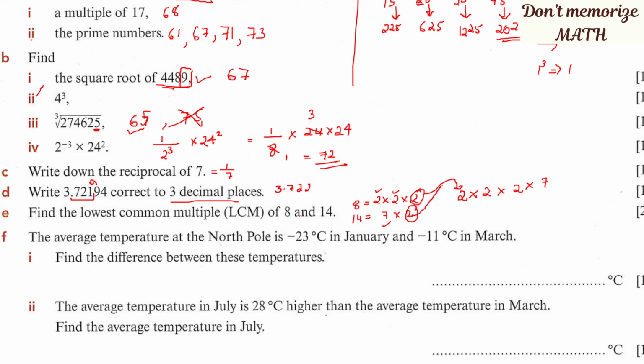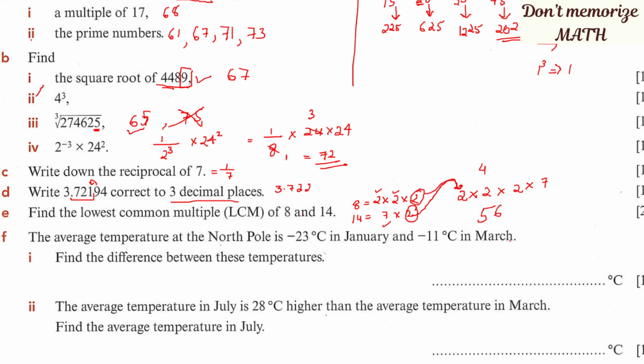For these two, I wrote only once. All other numbers you have to write. So 2 times 2 is 4, 4 times 2 is 8, 8 times 7 you will get 56. So the least common multiple is 56.